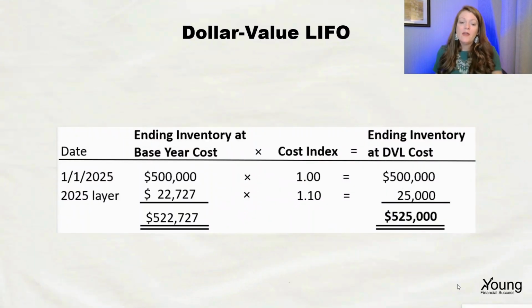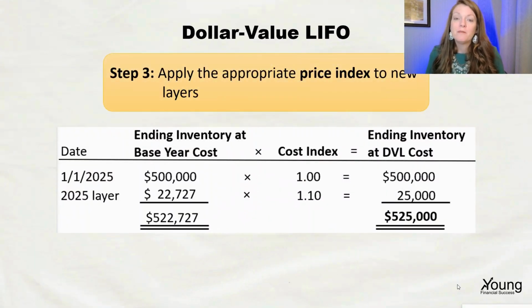But let's look now at step number 3. Apply the appropriate price index to the new layers. So we take the 500,000, we multiply that times 1 because this is without any cost index, without any inflation. So it's 500,000 is our ending inventory based on what we already had. Then we take that additional 22,727 that we added based on quantity, more inventory coming in.